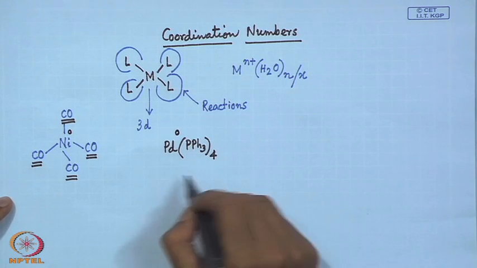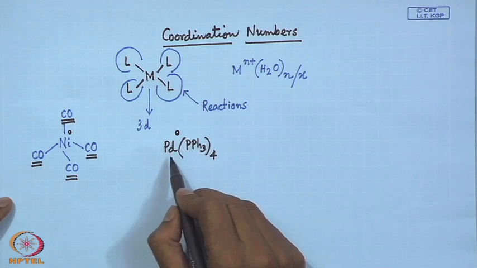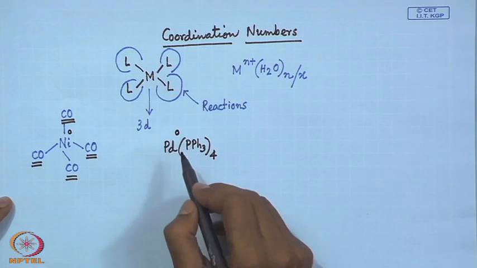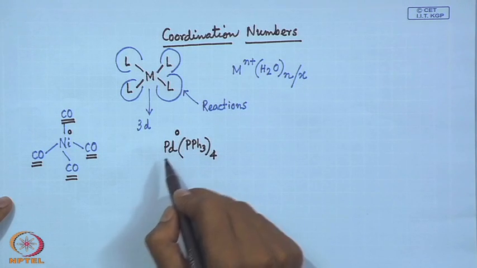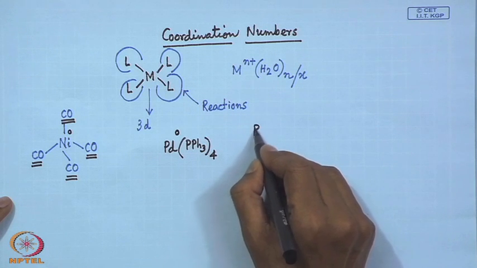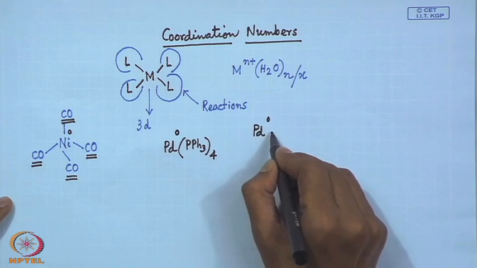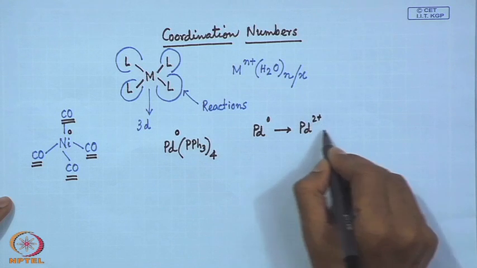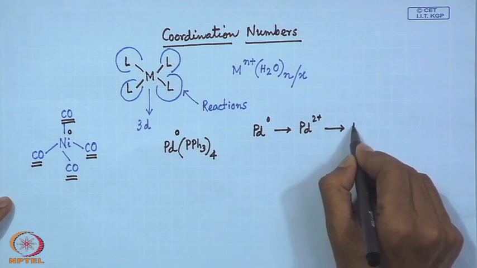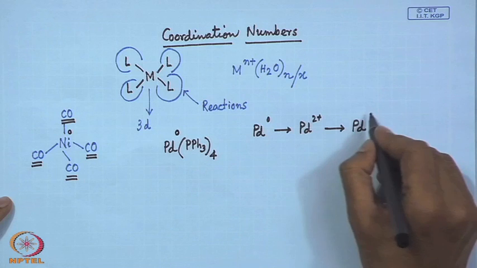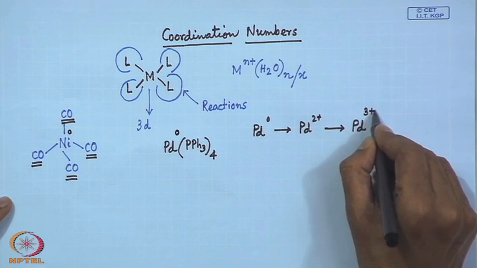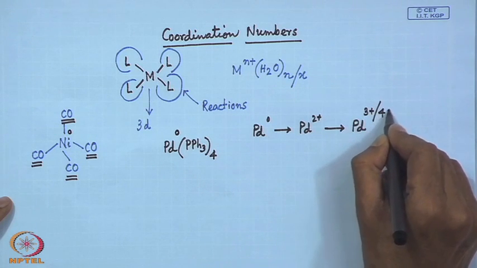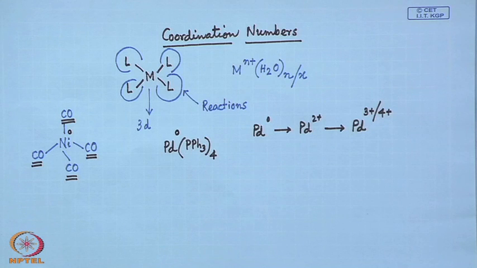This will give some important properties related to the palladium 0 oxidation state, because it can go from palladium 0 to palladium 2+, or sometimes the same center can go to other oxidation states like the trivalent as well as the tetravalent.